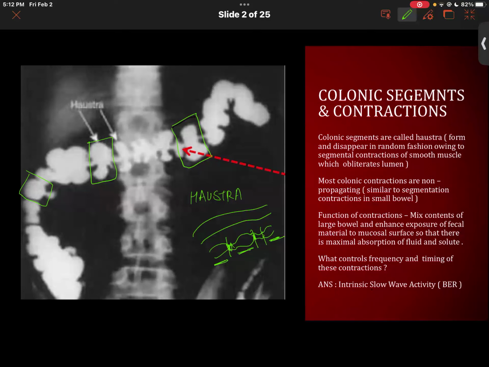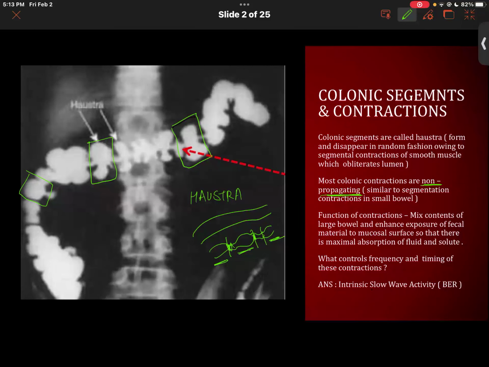So those were the segments, and now the contractions are non-propagating. Most of them in the colon are non-propagating. And what does that mean? There are two types of contractions in the GIT in general, propagating and non-propagating. Non-propagating are segmental contractions, which means it doesn't move the feces present in the large intestine.